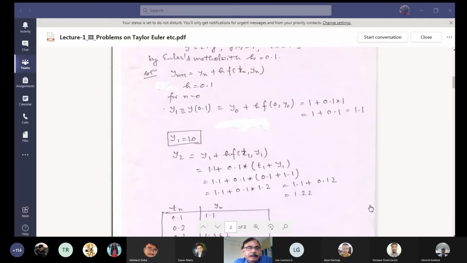You have studied the system of linear algebraic equations, and then you know the Gauss-Seidel method, Jacobi method, right? In the beginning of that chapter in the Kreyszig book itself, there are three or four examples.